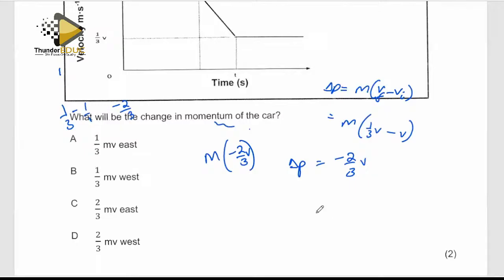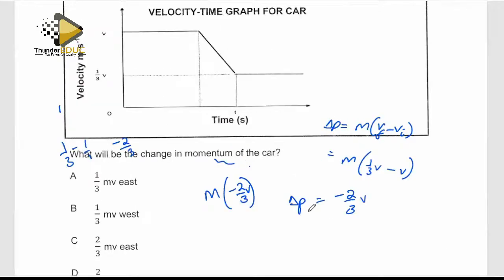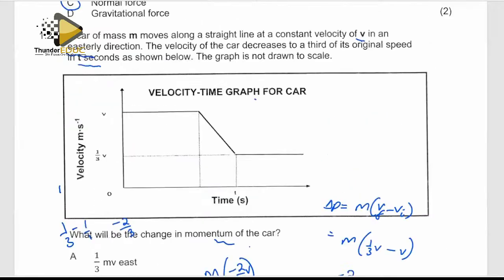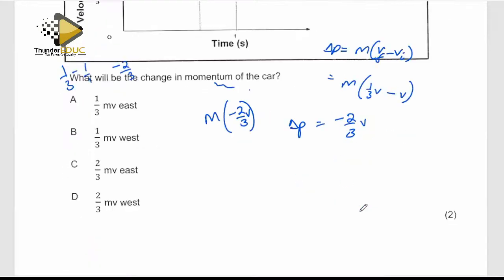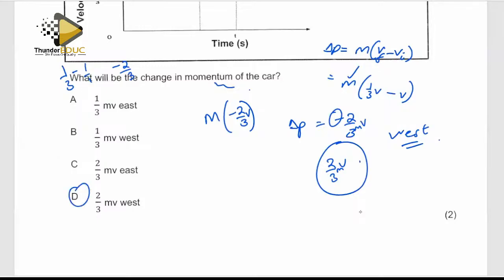Now, since the initial direction was easterly, the negative simply indicates the opposite direction. So our change in momentum will be towards the west. So 2/3v, but west. We're talking of mv, because we don't have the value of mv. So 2/3 mv west, which is option D.